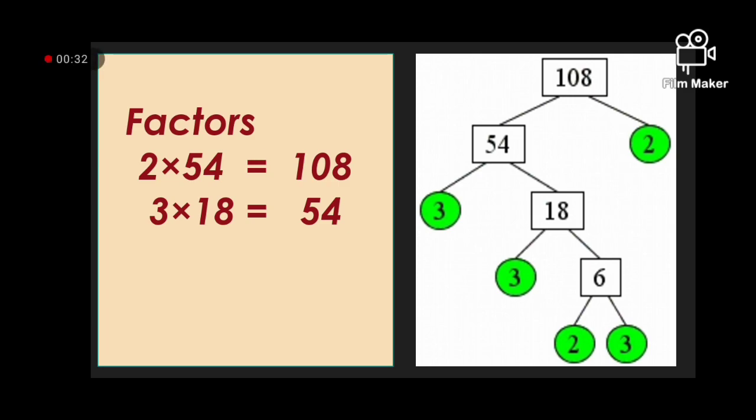It will be further split into 2 factors, 3 and 6. 3 6s are 18. Then 6 splits into 2 prime factors, 2 multiplied by 3. 2 3s are 6. So the prime factors of 108 are 2 multiplied by 3 multiplied by 3 multiplied by 3.